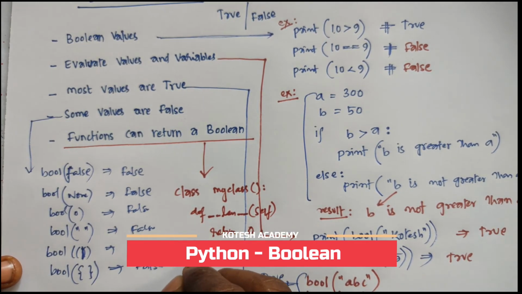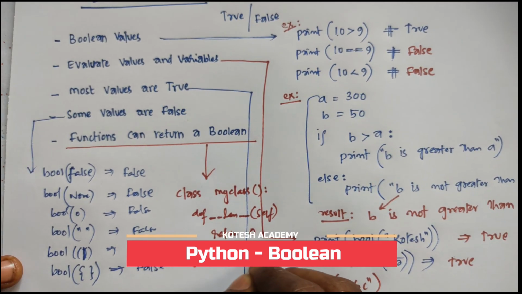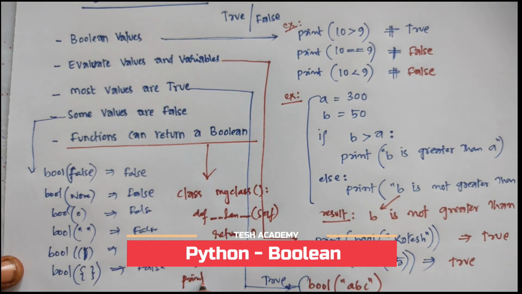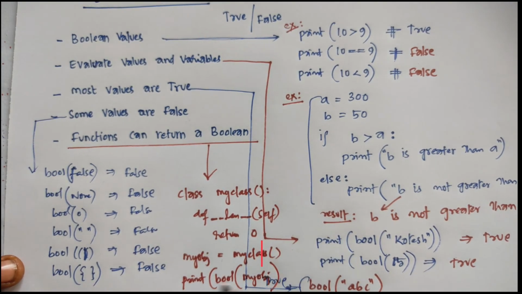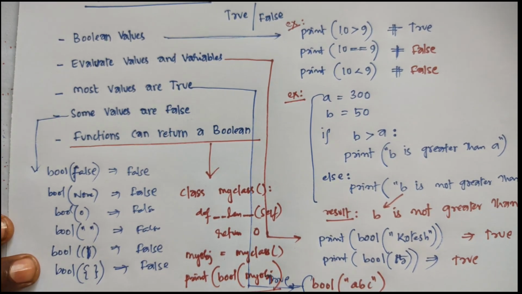Then you create my object as an instance of my class, and you can check whether it is okay or not. Simply print(bool(my object)), and you will get the result false.